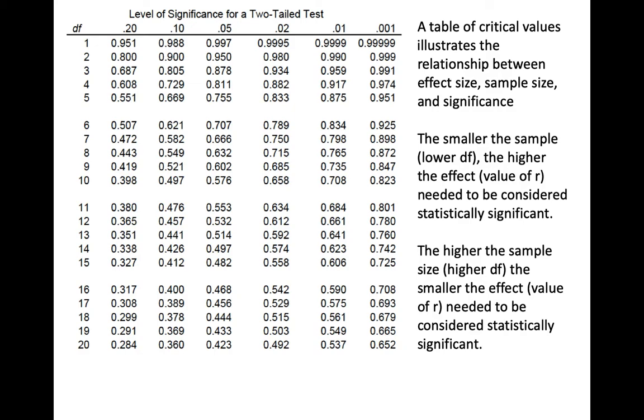And it has to do with random sampling error. When there's only 6 people in a study, it's possible, just due to randomness and chance factors, that you could calculate a correlation that is larger just due to chance. So we need to see a larger correlation in a small sample in order to conclude that it is not due to chance factors.